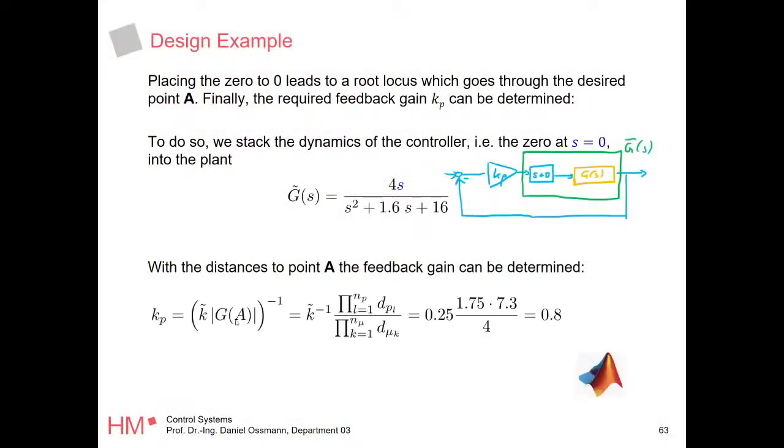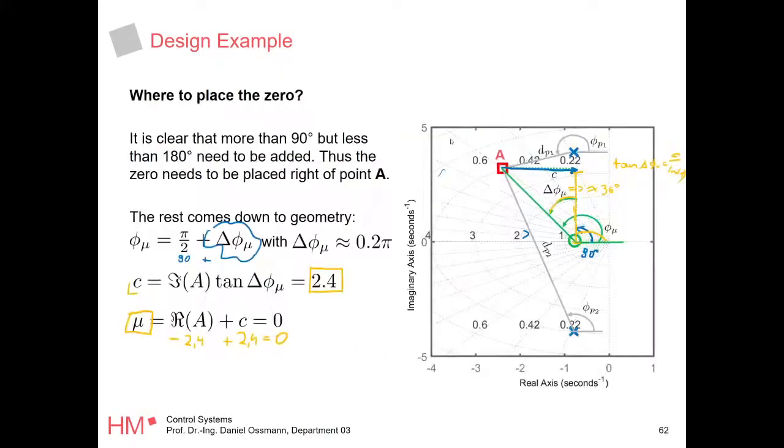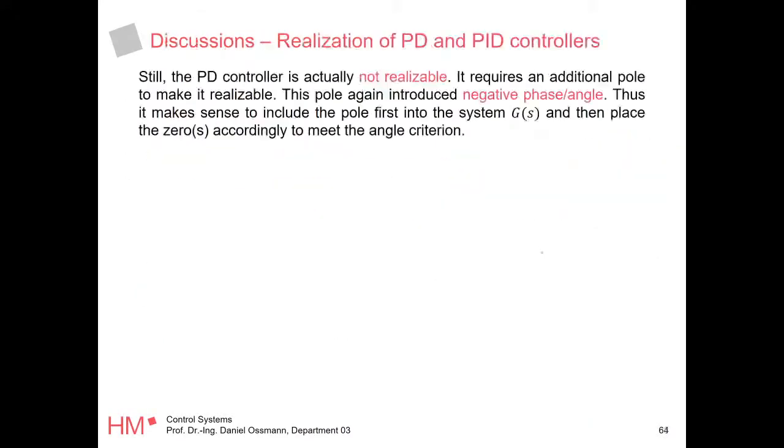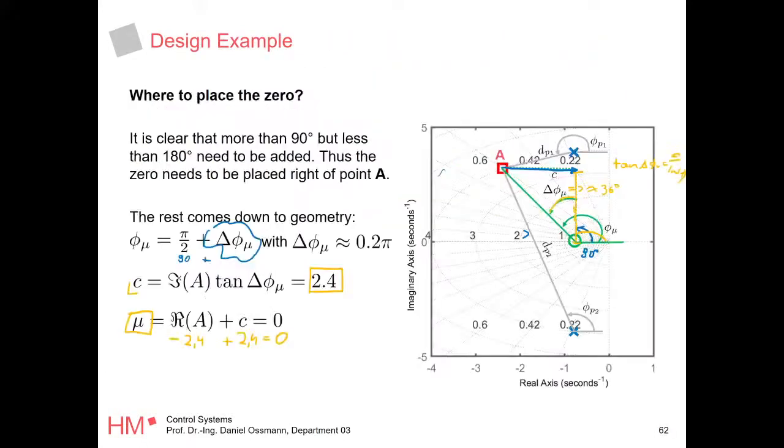Okay, so the gain is nothing but, we need to invert the distances, and I'm doing this pretty quickly now. You can actually do the computation at home as an exercise. What you need to do is simply compute these distances, right? This is the distance of the first pole, this is the distance of the second pole, and then you need to compute the distance of this zero here, which comes from the controller.